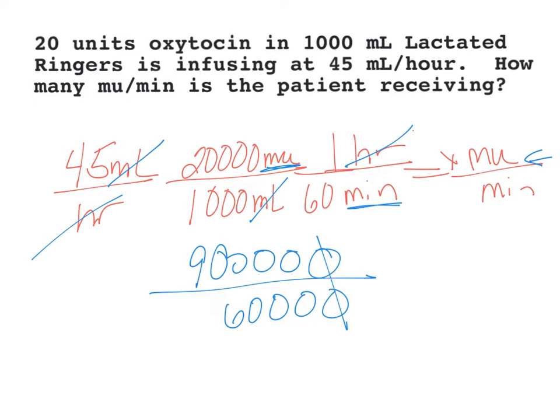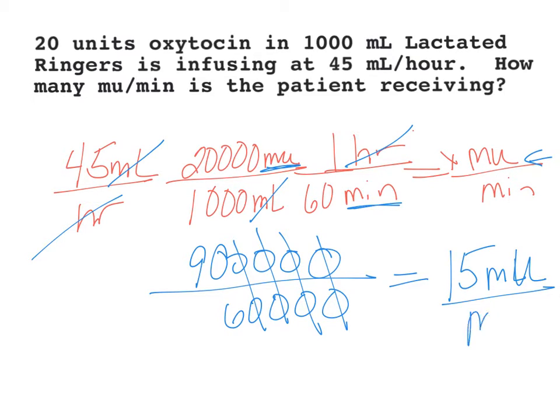Let's at least get rid of some zeros here. So 90 over 6. You can divide that using the division factor on your calculator. You just could have reduced the fraction. You'll still come out with the same answer of 15 MUs per minute.